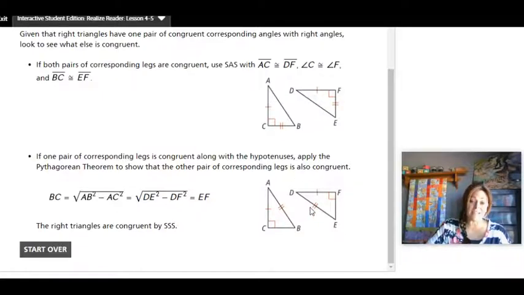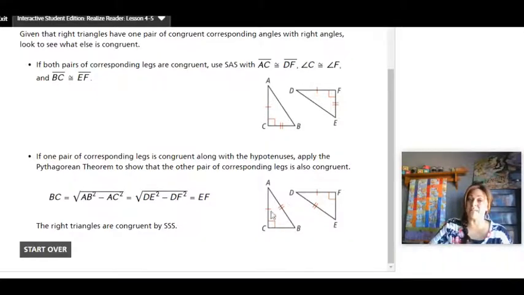So this is not allowed, but if I figure out by using the Pythagorean theorem that these would be the same, because a squared plus b squared would be what you're trying to find, and c squared is the same, then b squared would be the same number. Even if we're not using numbers, that same length would be the same.